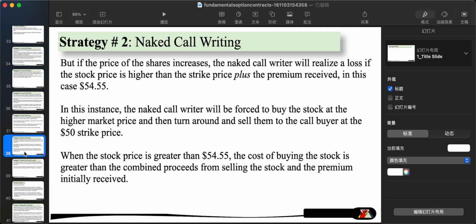That's the case. If the price of the shares increases, the naked call writer will realize a loss if the stock price is higher than the strike price plus the premium received. In this case, $54.55.